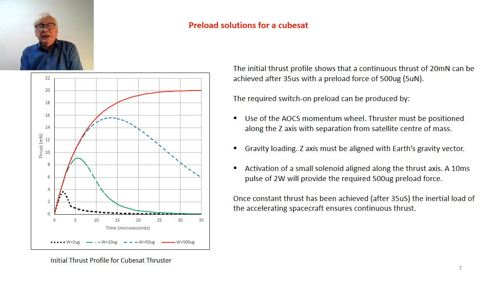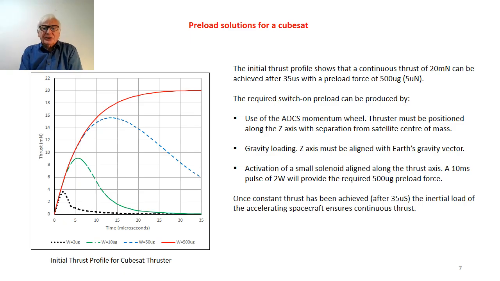Alternatively, you can rotate the satellite so that the Z-axis of the satellite is aligned with the Earth's gravity vector, and you can apply what's effectively gravity loading on the thruster, and again you need this 500 micrograms of loading.